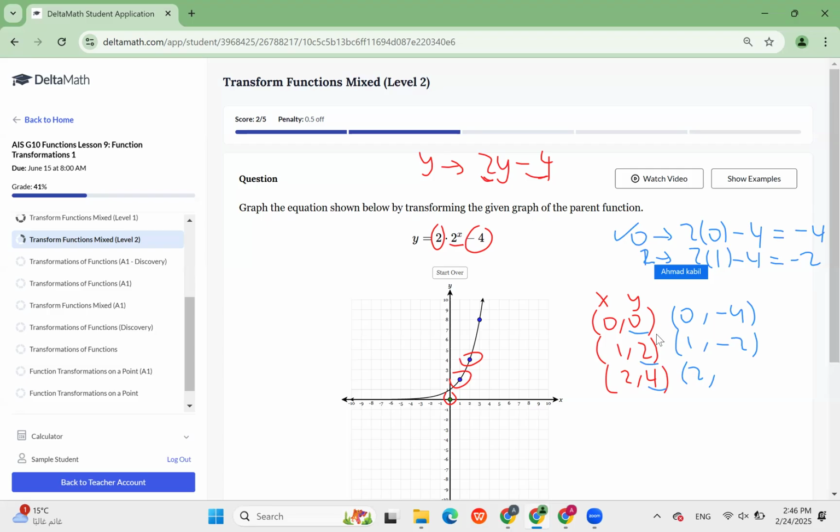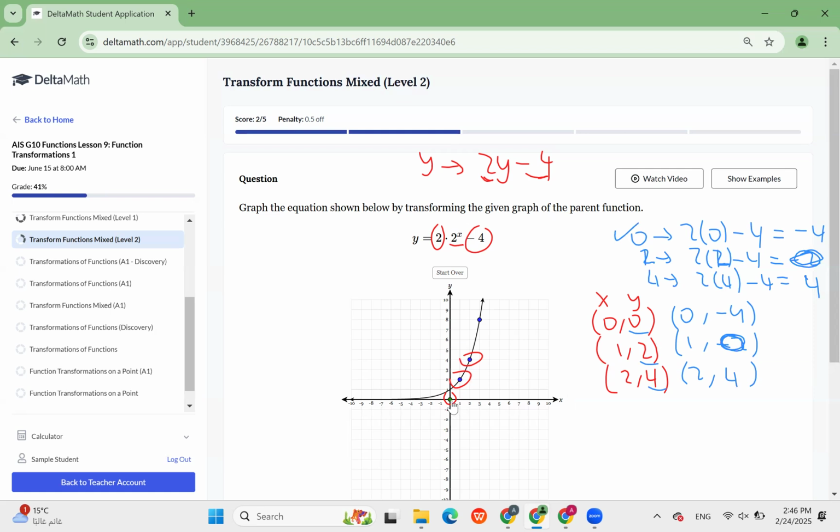So 2 times 2 is 4, and 4 minus 4 is 0. The third value is 4, so 2 times 4 minus 4: 8 minus 4 is positive 4.